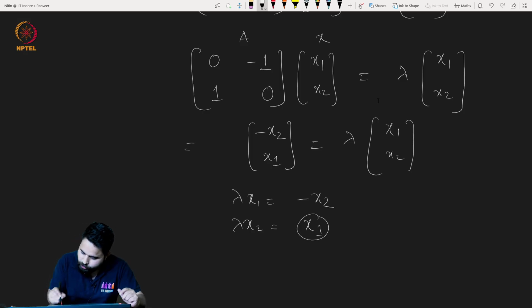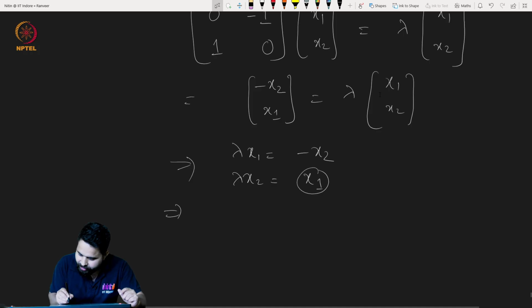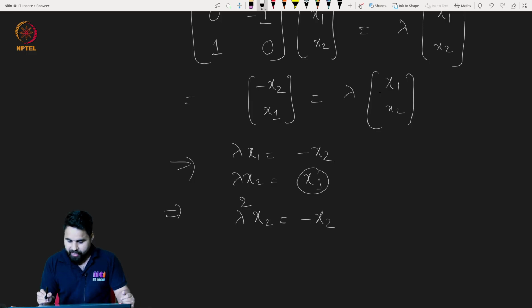If I replace x1 here, I will get lambda times lambda x2, so basically lambda squared x2 is minus x2. Now remember this eigenvector has to be non-zero, right?